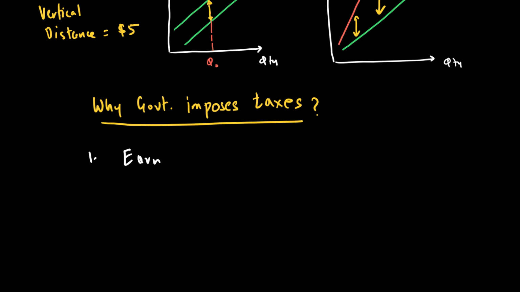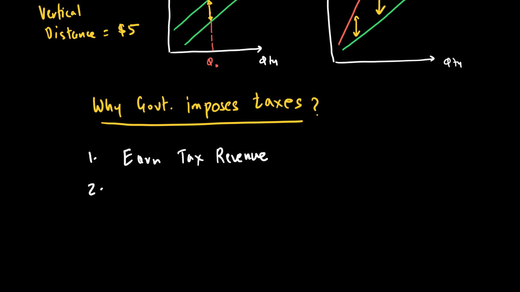We'll soon see that when the government puts indirect taxes, they earn tax revenue, and this tax revenue is very important because this is the money they use to pay for public goods, for merit goods, for their expenditure, and so on. So the first reason why the government may put indirect taxes could be to earn tax revenue.